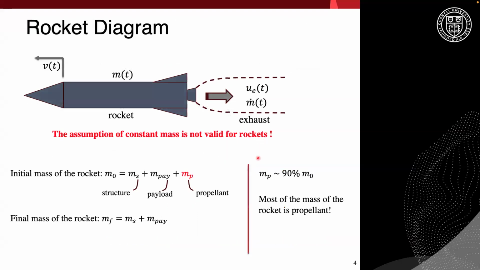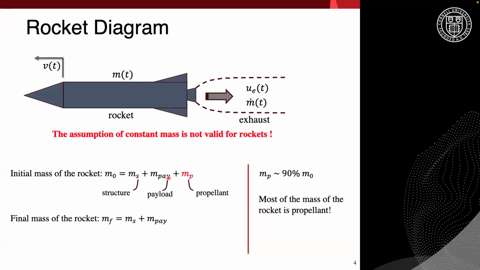And this is because the mass of the rocket initially is equal to the mass of the structure, which is the mass of the nose and the shell and the fins and the nozzle and all the hardware within the rocket, which we call ms, plus the mass of the payload, which is the mass that we want to transfer to a given orbit.